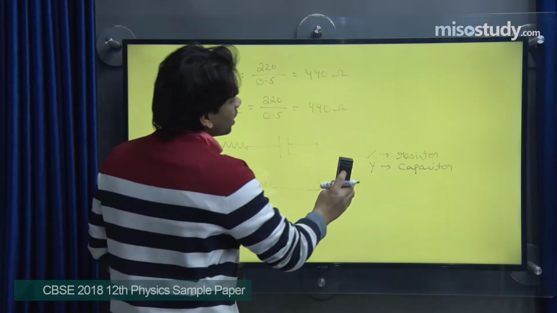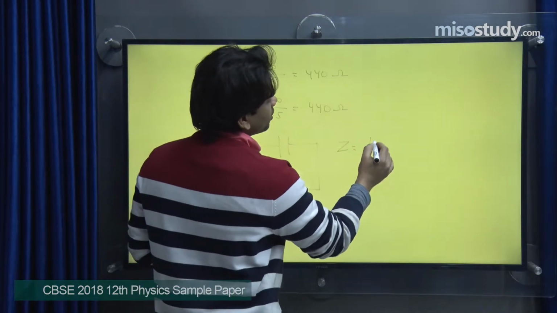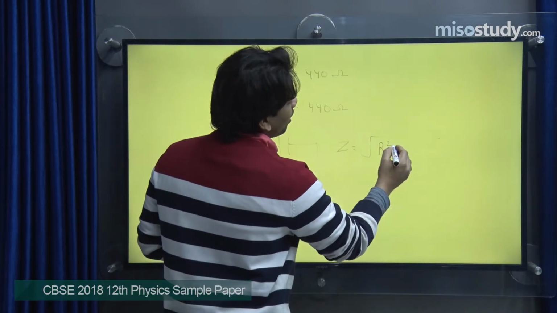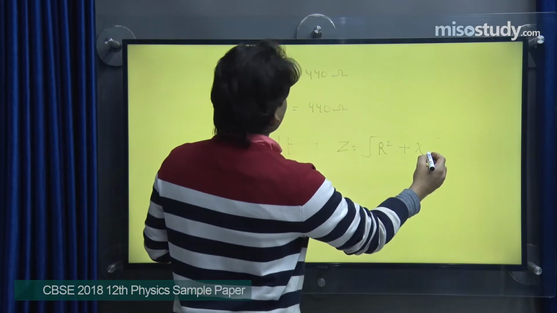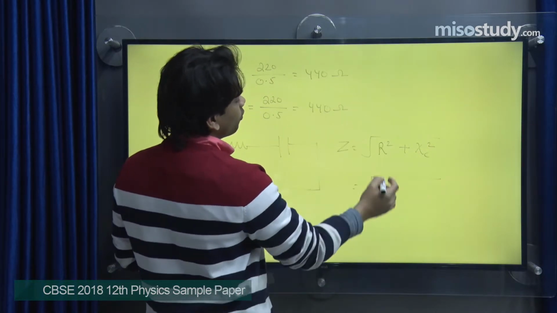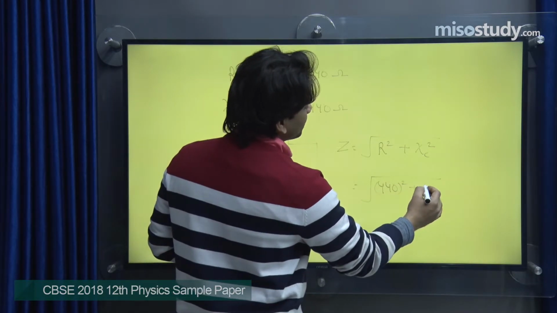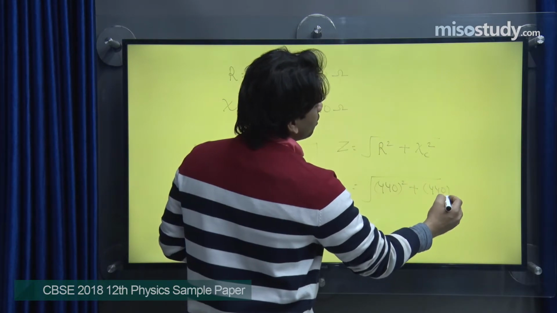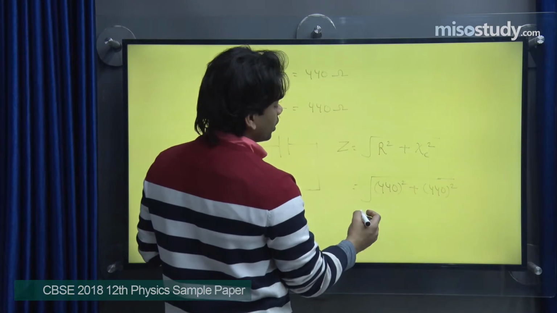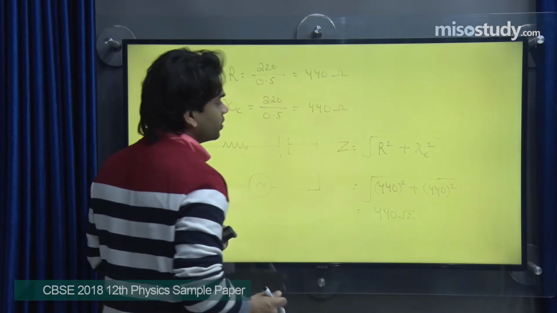The impedance will come out to be Z equals under root of R square plus X_C whole square. This will be 440 whole square plus X_C, that is 440 whole square. You will get 440 under root 2. This will be the value of the impedance.